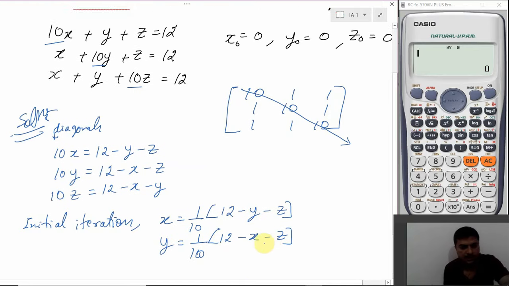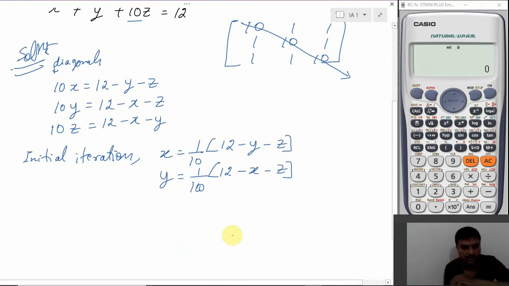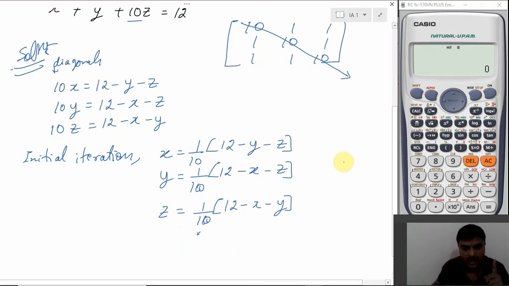Next is the z value. Here we have z is equal to 1 upon 10, 12 minus x minus y. So first you have to rearrange the equations. What I have done is nothing, I have just rearranged the given equation.